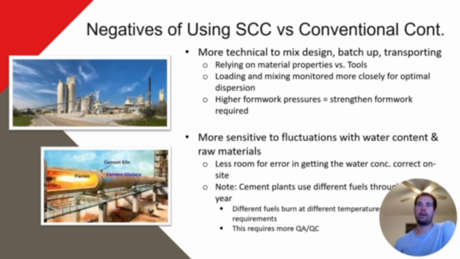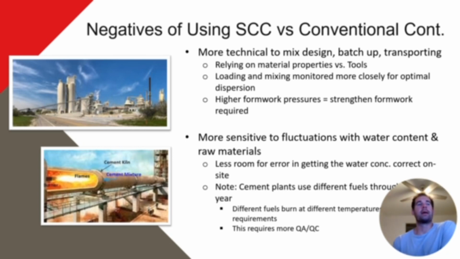And also, one thing to note is, I'm showing some pictures of cement plants for a reason here. This is actually in Cleburne, Texas, not too far from where I'm at. And you can see that rotating kiln, that's where the clinker goes through, and that flame there creates the clinker.